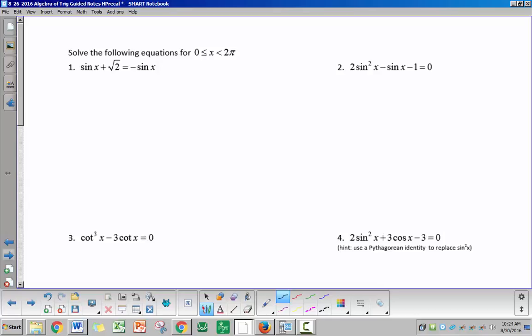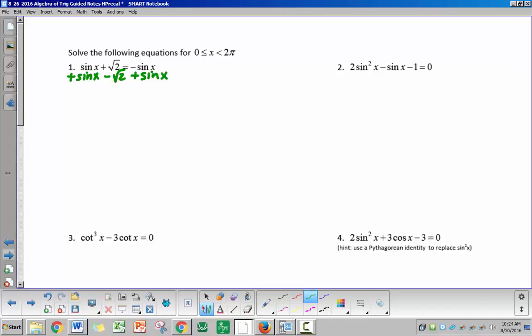Radians. And we are going to isolate the trig function. That means we're going to get the trig function on one side by itself. So what am I going to do here for number 1? Add a sine x to the other side. So I'm going to go plus sine x. And I know you guys are in honors pre-cal, but I'm going to show you these steps on this one first, right? And then I'm going to do what?